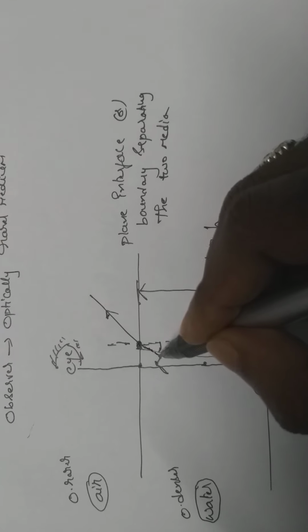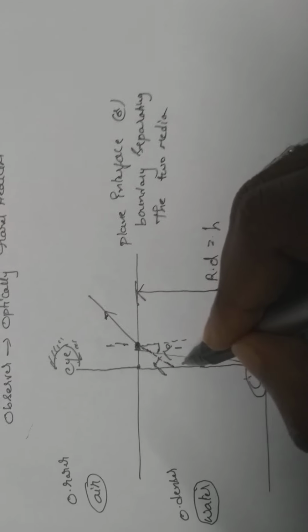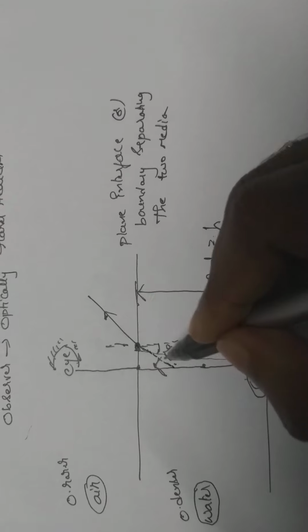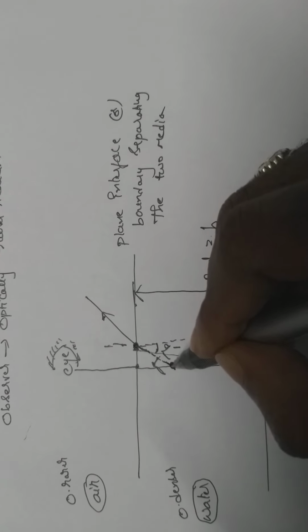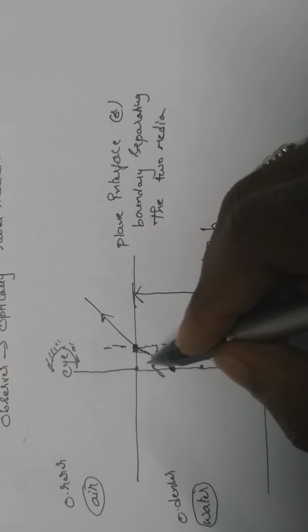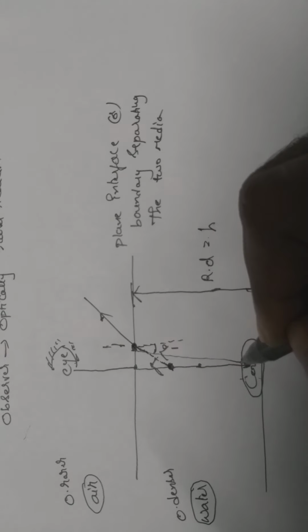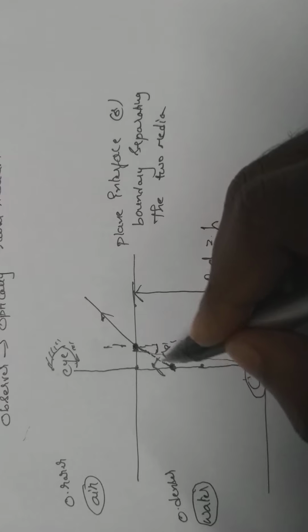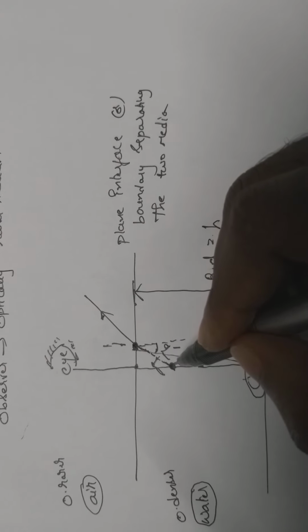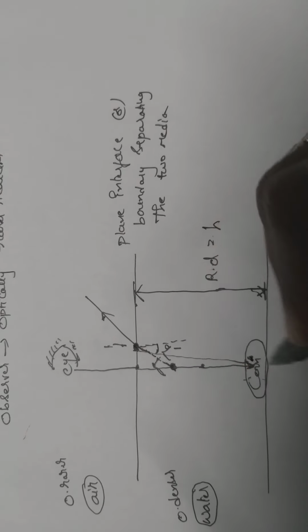If I extend the refracted light rays back, these two rays appear to meet at this point. So here forms the virtual image of this coin.